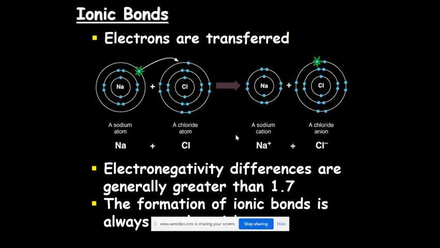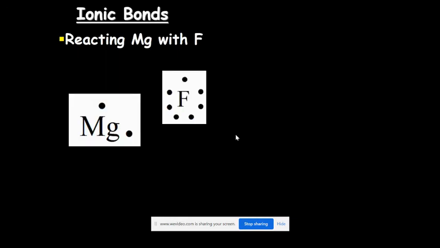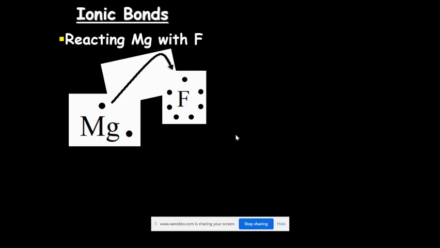You can also tell how many atoms you need for the chemical formula by seeing how the Lewis dot models will interact. For example, if you were told to come up with a chemical formula when magnesium reacts with fluorine, you would start out by drawing the Lewis dots for both elements. Then you would notice that magnesium has 2 electrons to give, but fluorine can only take 1 electron before it's full.